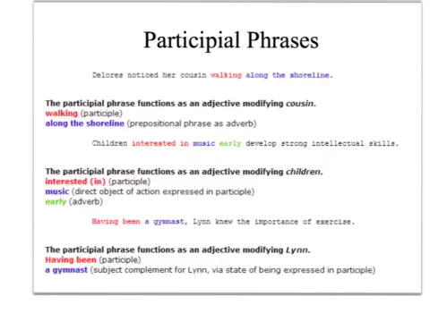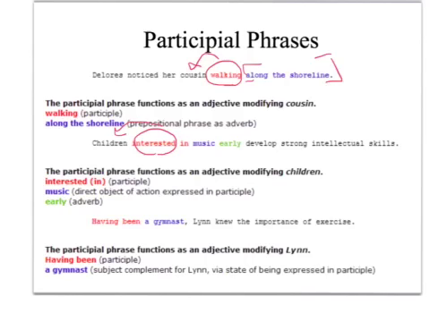Here are some more examples. Dolores noticed her cousin walking along the shoreline. Again, walking is the participle that modifies cousin, and it has the prepositional phrase along the shoreline that goes with it. Children interested in music early develop strong intellectual skills.